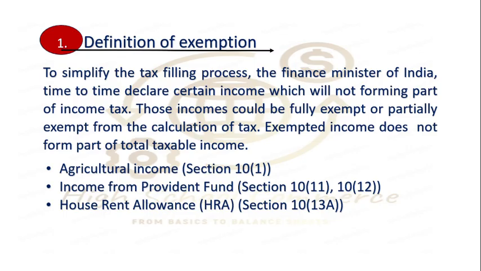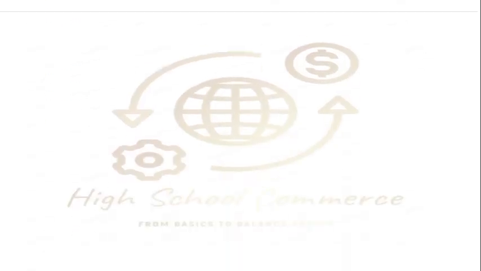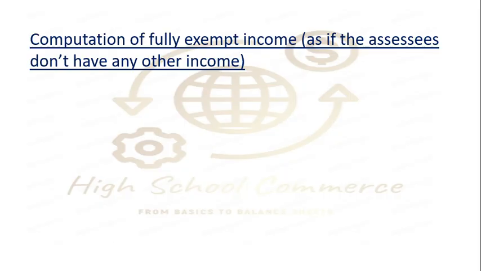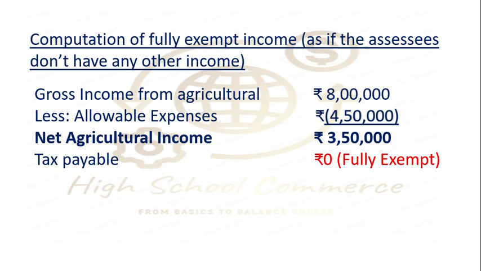But when you are preparing a tax computation, how you need to prepare it from a presentation point of view in the exam, let's see that. First we are going through the fully exempt income.